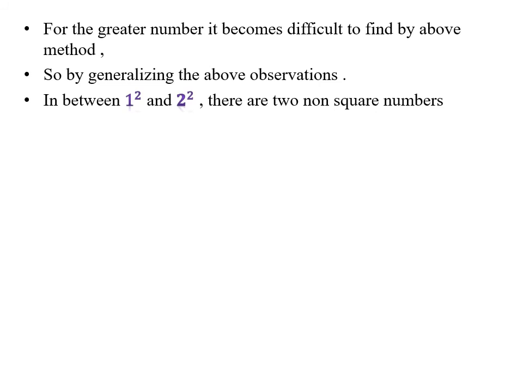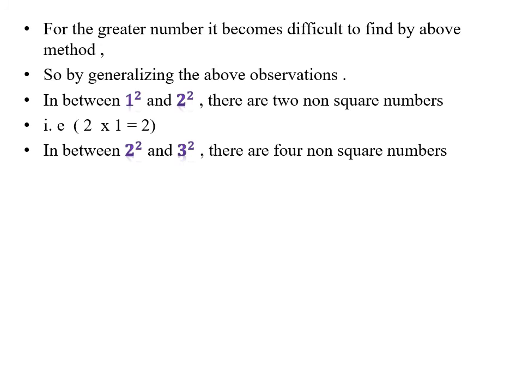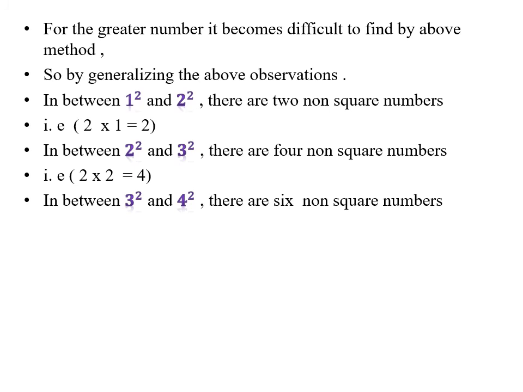Now if you try to find it for greater numbers, it becomes difficult by the above method. So by generalizing the above observation, in between 1 square and 2 square there are 2 non-square numbers. So 2 into 1 equals 2. In between 2 square and 3 square, there are 4 non-square numbers. That is 2 into 2 equals 4.